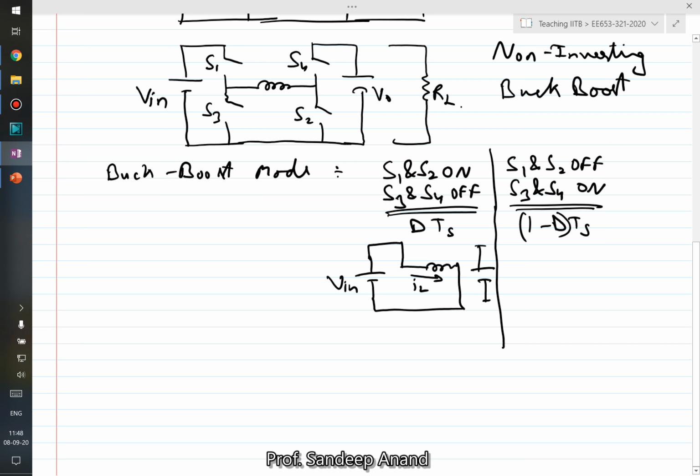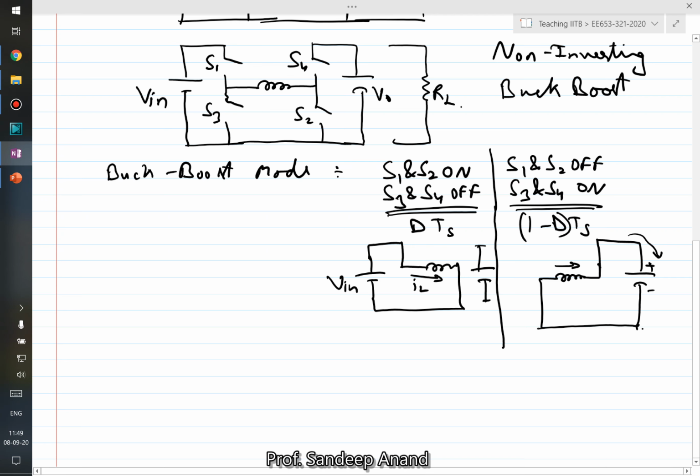Now in the second case, when S1 and S2 are off but S3 and S4 are on, the energy stored in the inductor goes to the output capacitor, in this direction.